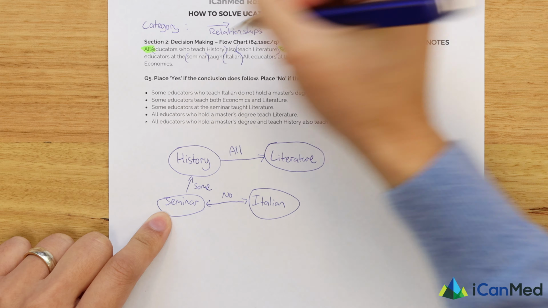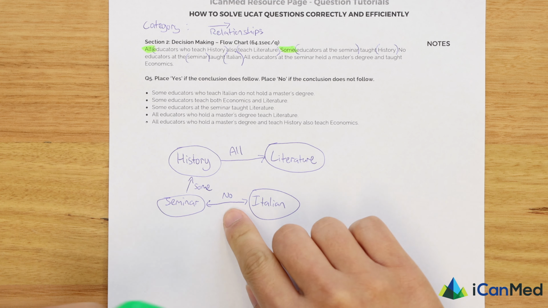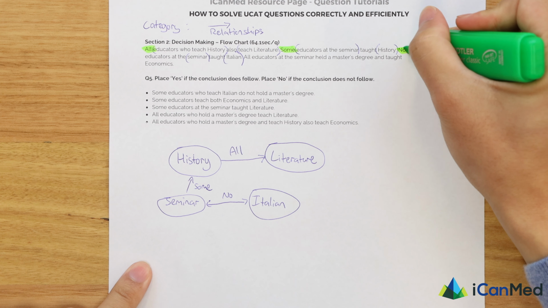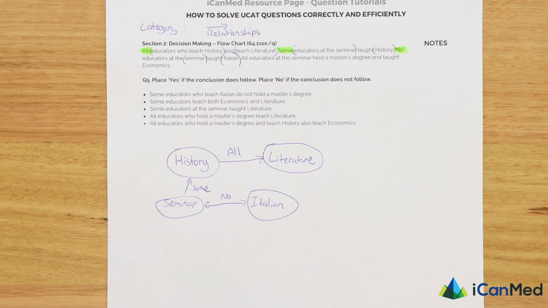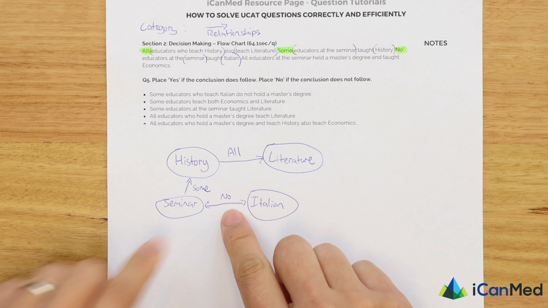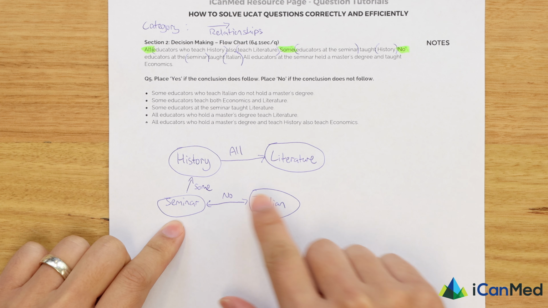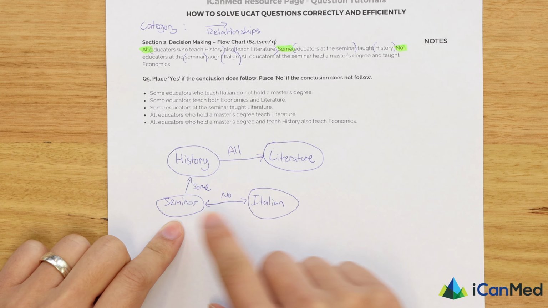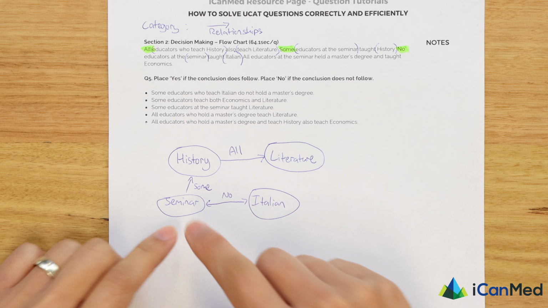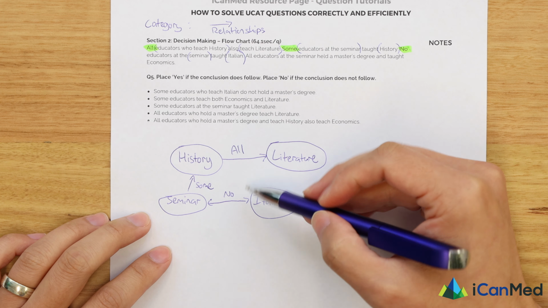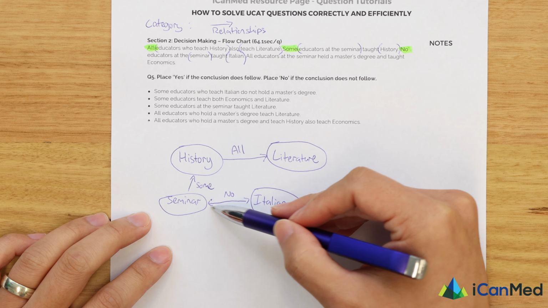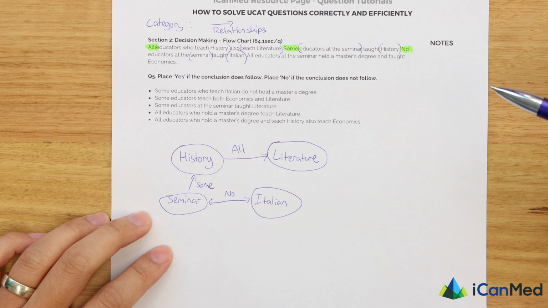Very good. This no relationship though is a bit different from the rest because it is actually in two directions. Because if no people at the seminar taught Italian, it is also true that no Italians taught at the seminar. You cannot have any other relationship apart from a no. So that's the only bi-directional relationship.